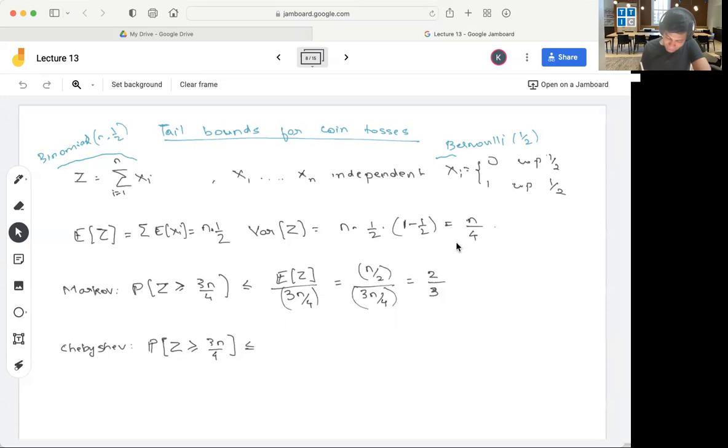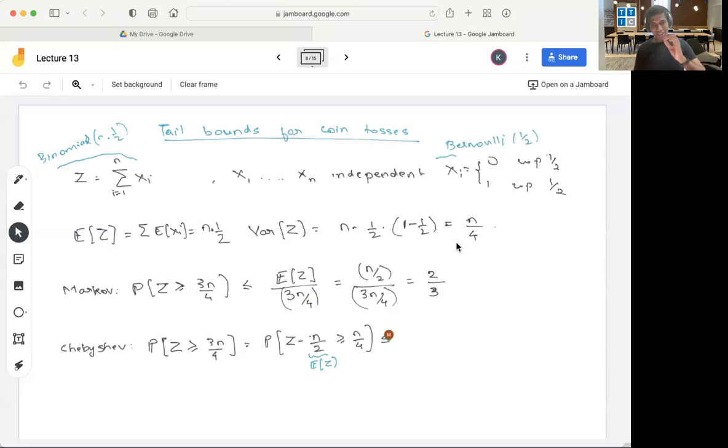Chebyshev's inequality will give us a bound on the probability that z is greater than or equal to 3n/4. First of all, we need to write it in the form of deviation from the mean. This is actually the probability that z minus n/2 is greater than or equal to n/4. n/2 is just the expectation of z, which is why I broke this into these two pieces.